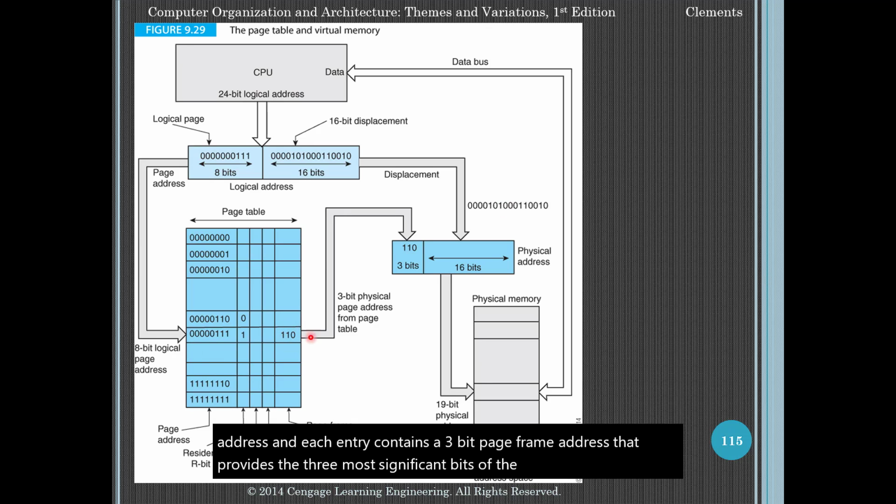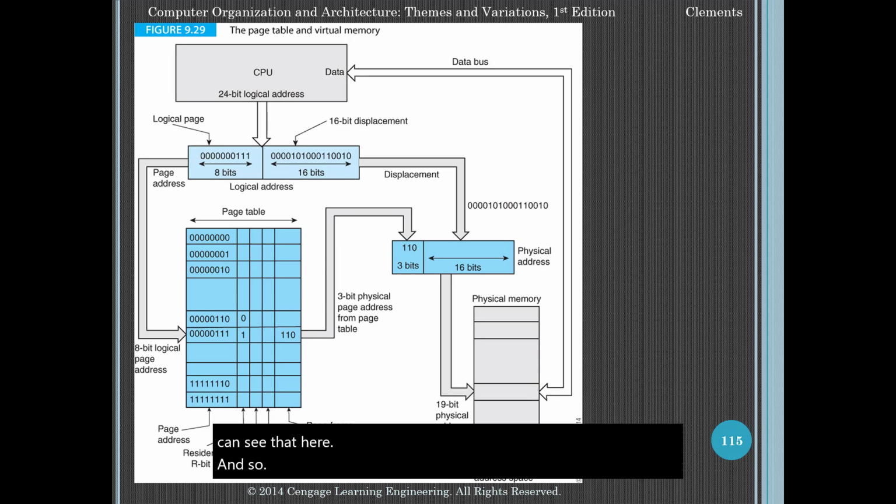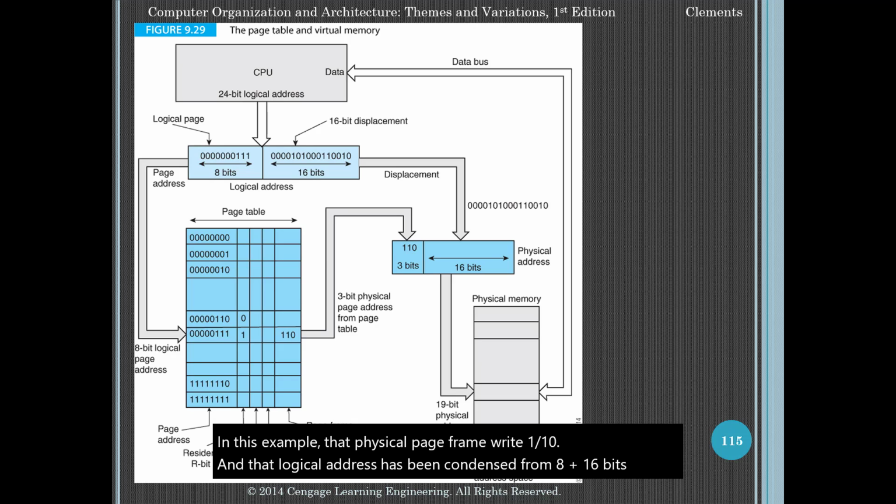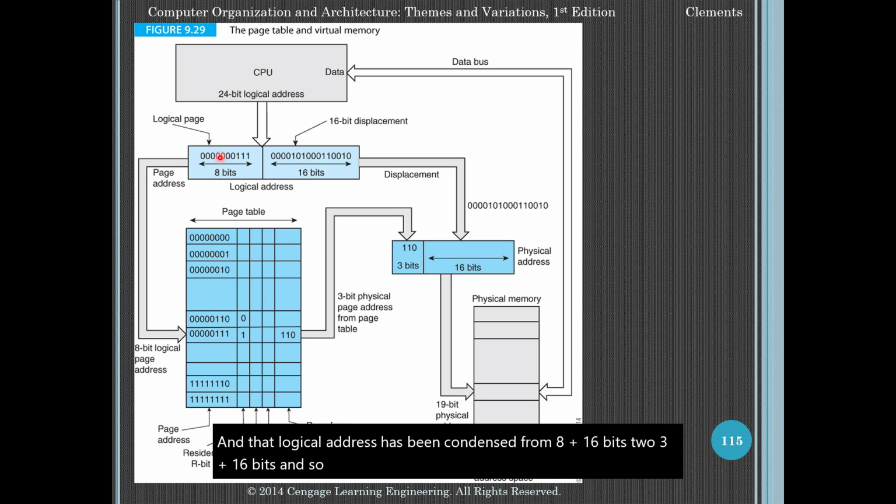So we can see that here. And so in this example, that physical page frame, right, 110, and that logical address has been condensed from 8 plus 16 bits to 3 plus 16 bits. And so we get this kind of logical address instead of a much larger looking address like this over here.